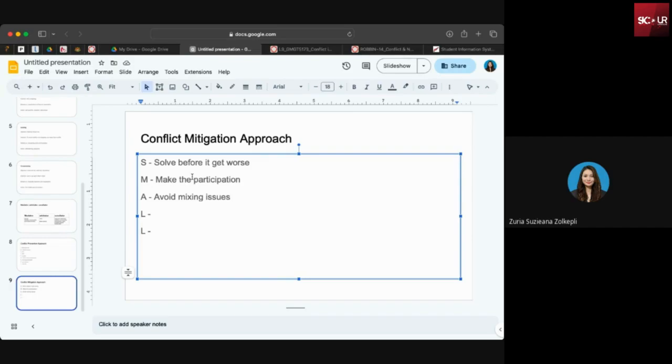You have to identify first what the issue is, what the problems are, and then you have to identify who the parties involved are. Okay, so avoid mixing issues and individuals. Yang tak terlibat pun nanti terlibat, kan? So we don't want to make it too big, right?